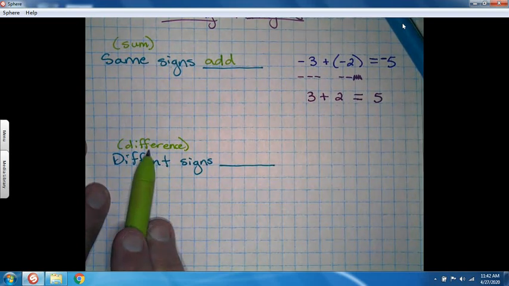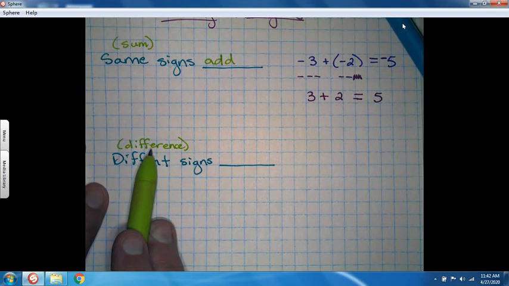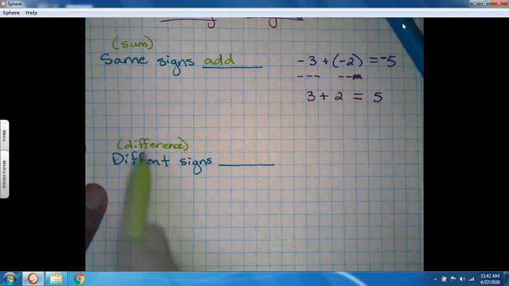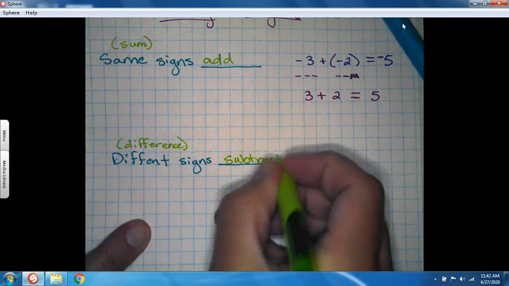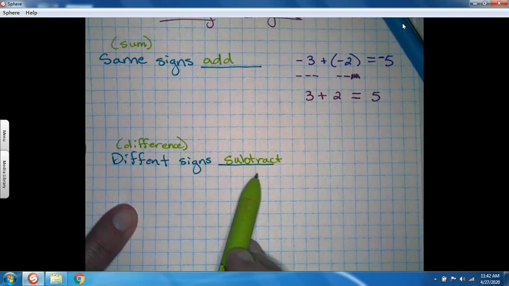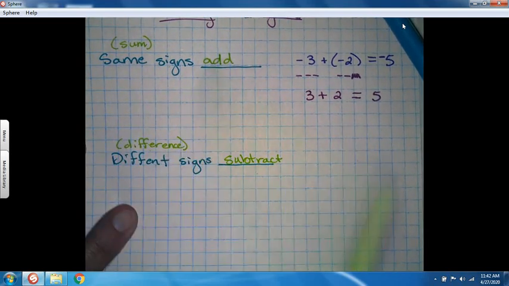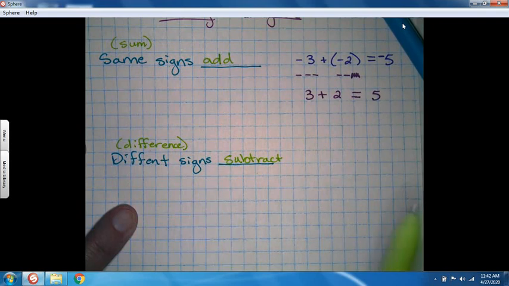What's the difference between 7 and 2? Okay, you subtract. So difference means to subtract. Sum means to add. So if the signs are different, you subtract.